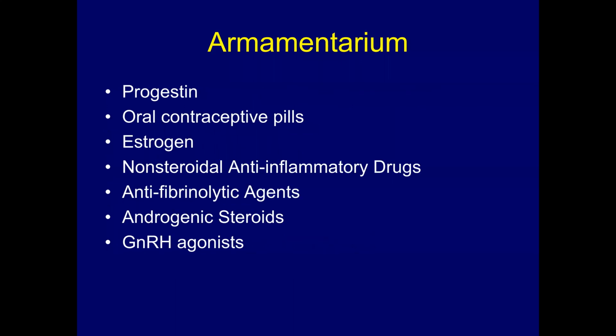So the choices, we can use progesterone or any progestational agents. Usually they do well, they improve the cycle of the patient with DUB, and the complication rate is low with them.